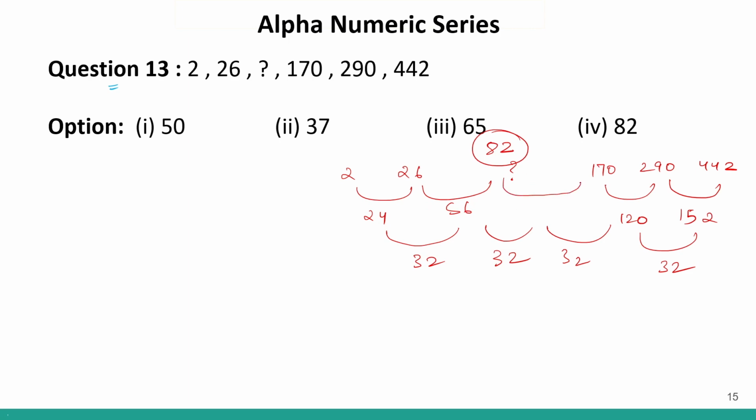So now let us see what the gap is between 82 and 170. Between 82 and 170, it is a gap of 88. Correct? And between 88 and 56, it is a gap of 32. And between 88 and 120, it is a gap of 32. So the missing term over here will be 82, which is given in option number 4. So option number 4 will be your answer.